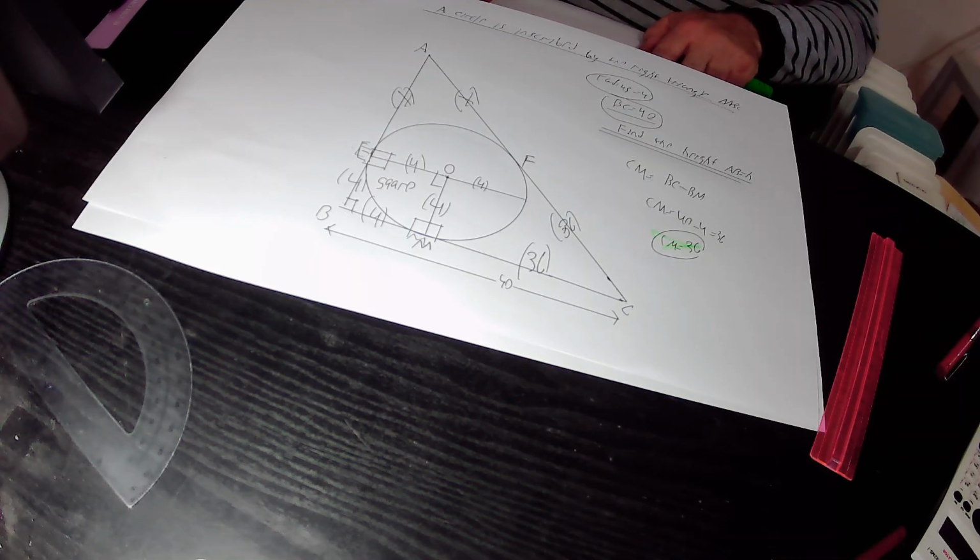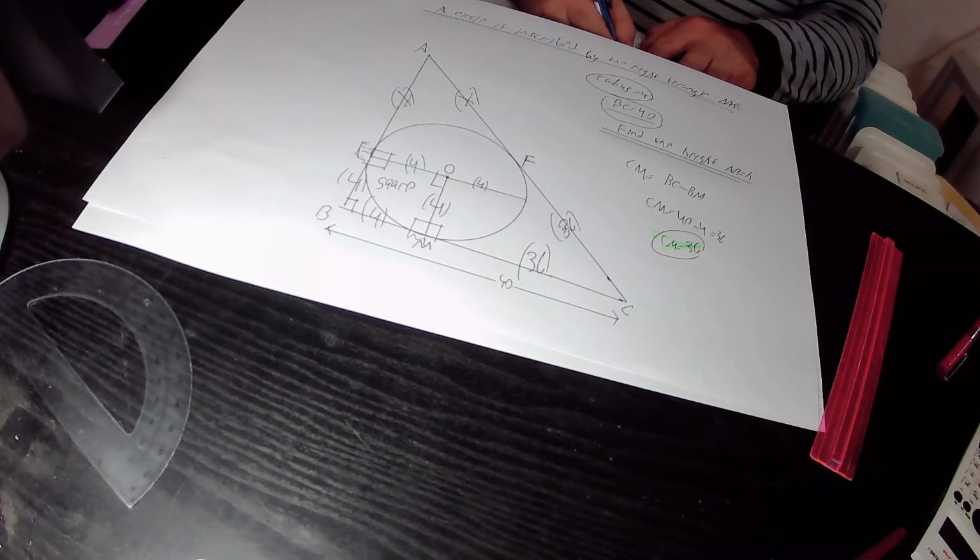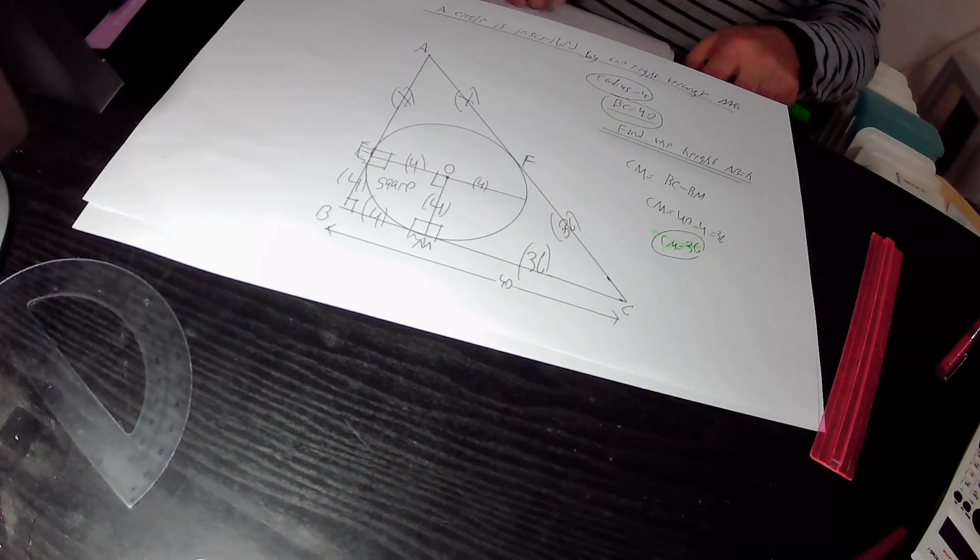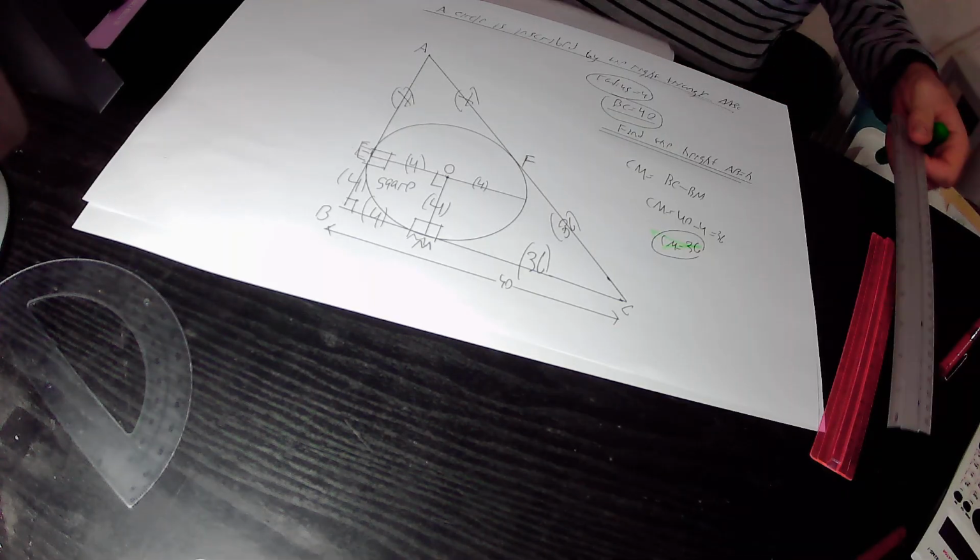So according to the Pythagorean theorem, in this right triangle ABC, AC squared, that is the square of the hypotenuse, must be equal to AB squared plus BC squared.